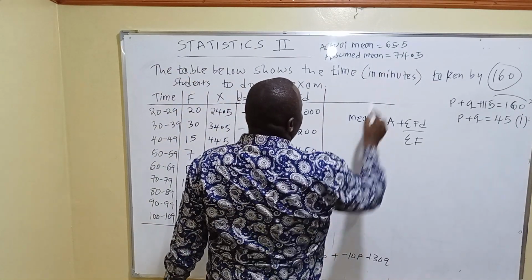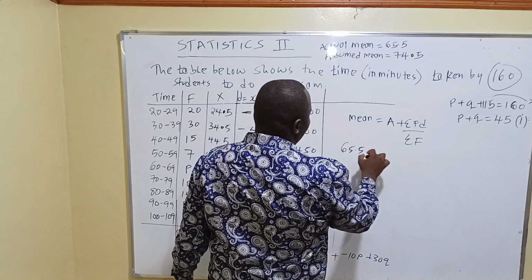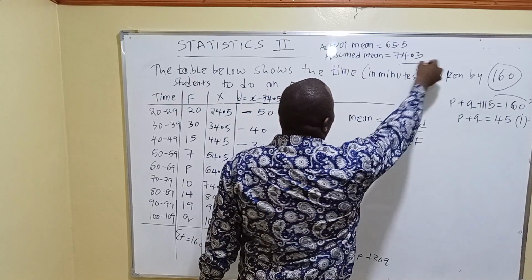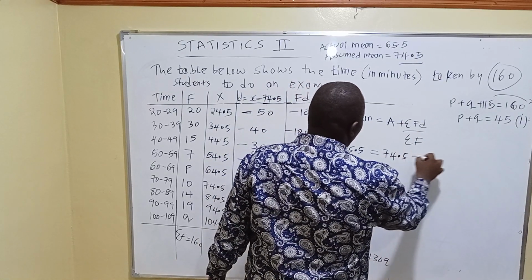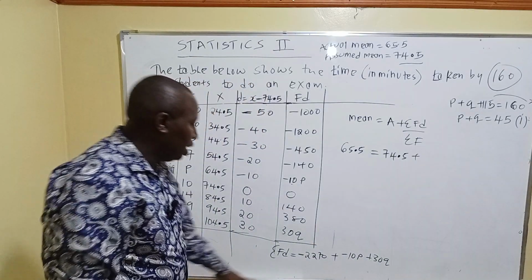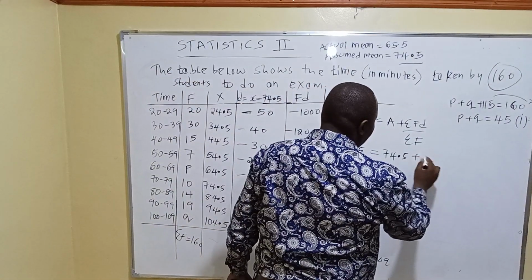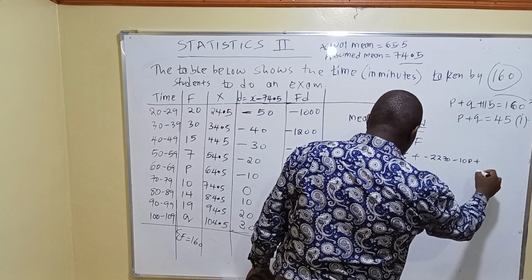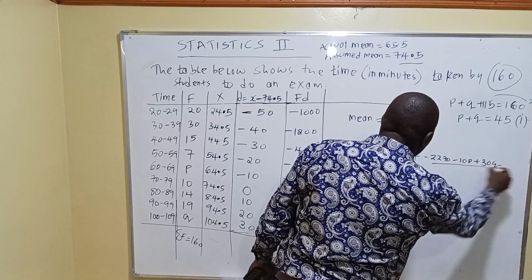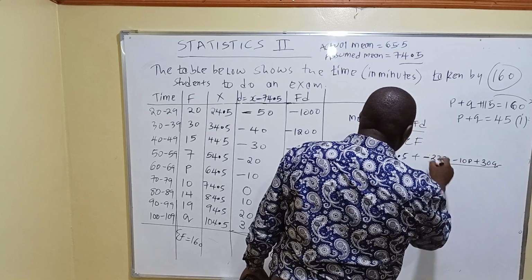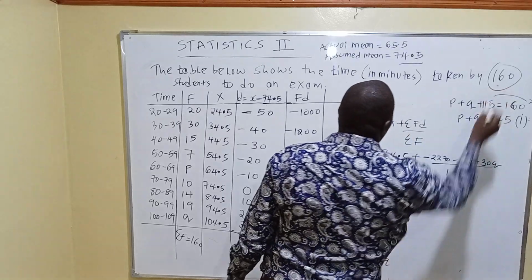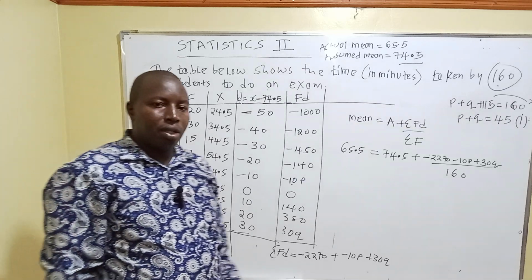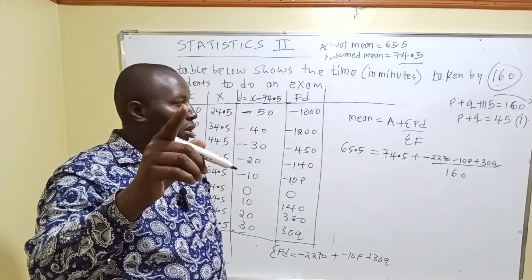Our mean is 65.5. 65.5 is equal to the assumed mean, 74.5, plus sigma FD, which is minus 2270 minus 10P plus 30Q, all over sigma F, which is 160, because we have 160 students.